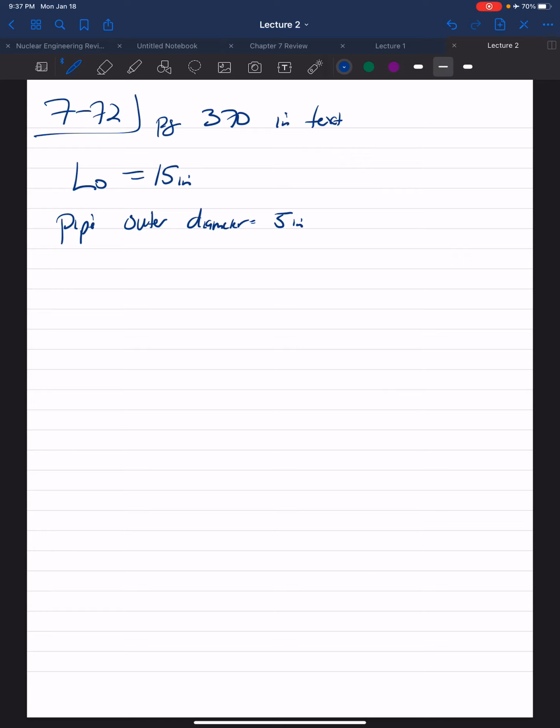So the outer diameter is 5 inches, then the circumference is pi d. And that will be our final length.